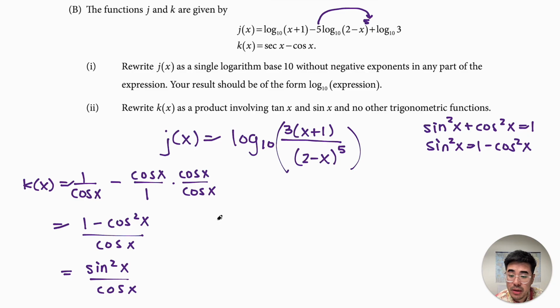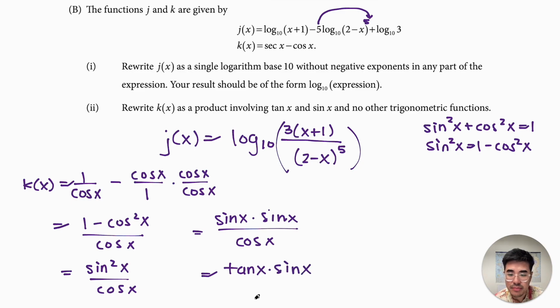Now, sine squared can be rewritten as sine times sine over cosine. And if I want to isolate this, I could isolate these two together, and sine over cosine can be rewritten as tangent of x, and that's your answer.